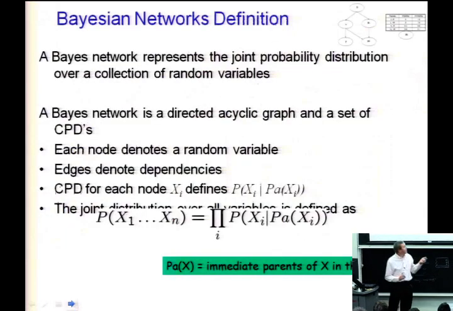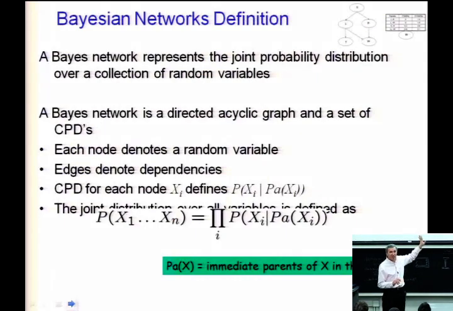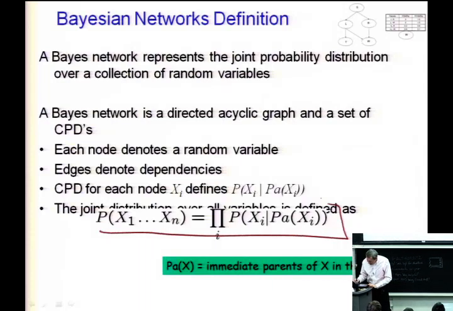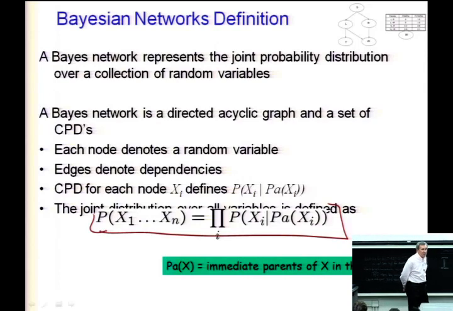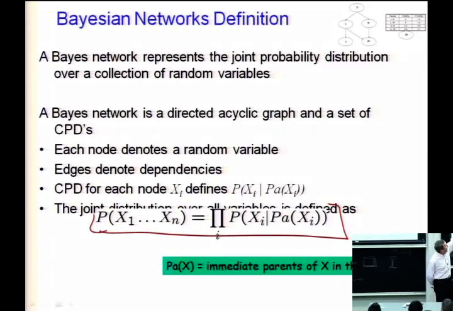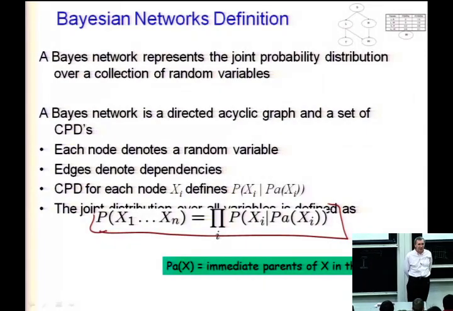Here is the full definition of a Bayes network. It represents the joint distribution where each node is a random variable, the edges denote dependencies, there's a conditional probability distribution associated with each node, defining its distribution conditioned on its immediate parents, and the joint distribution of those variables is defined to be the product of those conditional distributions.